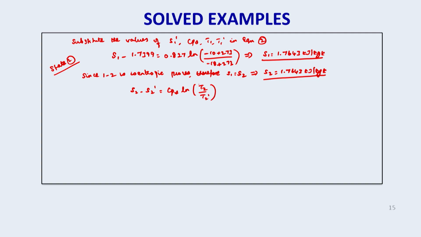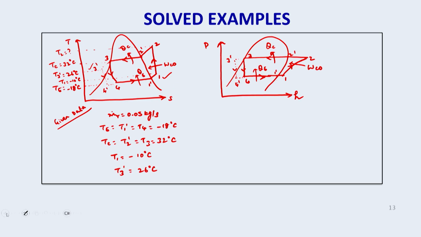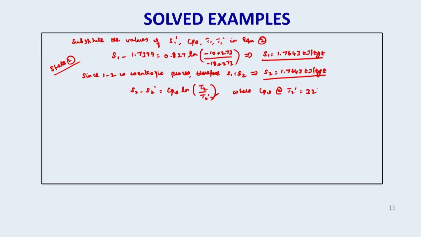Here T2 is unknown. We know only this temperature. Therefore Cp value is at T2 dash. What is the temperature at T2 dash? T2 dash is the condensate temperature, 32 degrees centigrade.